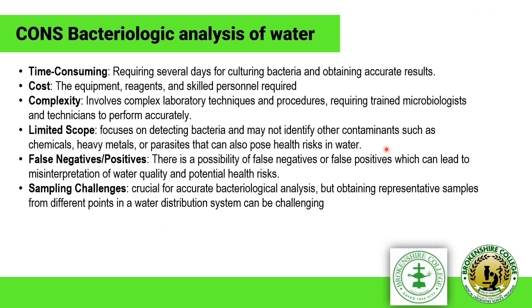Pesticide, fertilizer, and livestock waste will also cause fecal contamination. Sampling challenges are crucial for accurate bacteriological analysis, but obtaining representative samples from different points in a water distribution can be challenging. Then again, large and complex body networks of water will be challenging for this bacteriologic analysis of water.